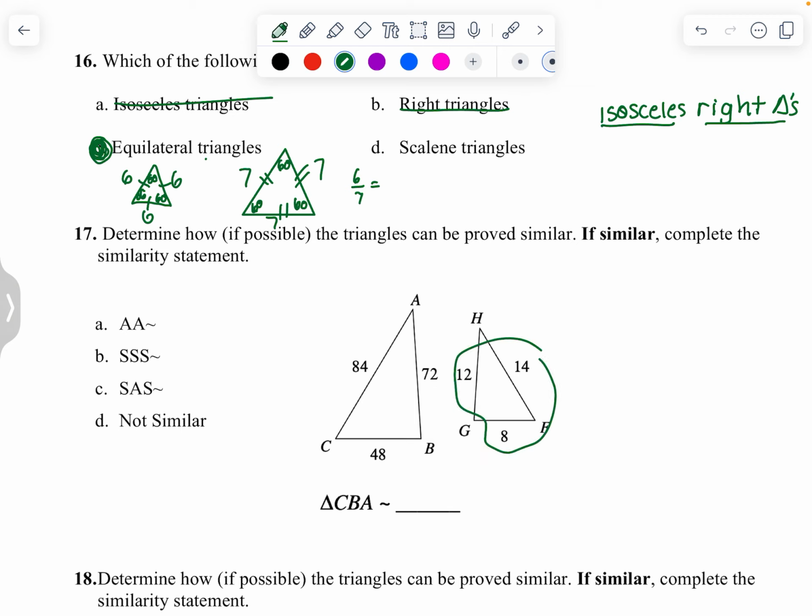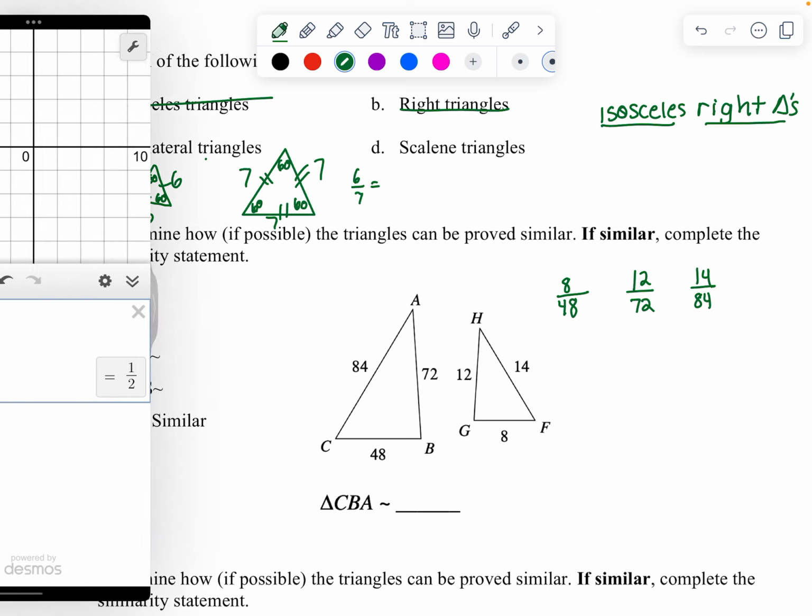All right, here's our new. Here's our old. We're going to put shortest over shortest. And so that's 8 over 48. 12 over 72. And 14 over 84. And see how they compare.